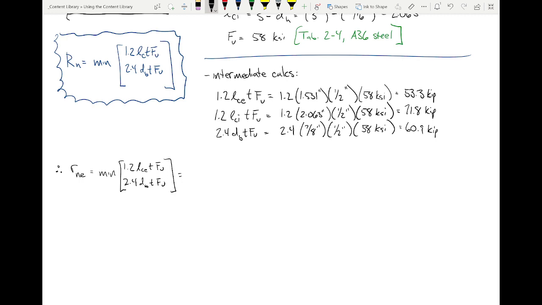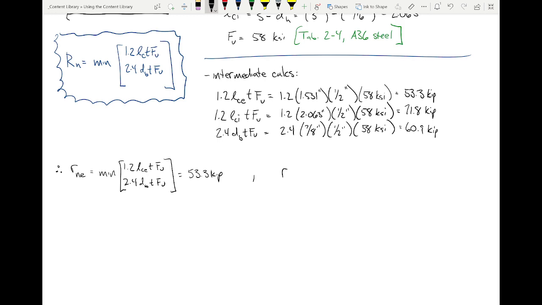So an edge bolt is the minimum of bolt tear out or bolt hole ovalization. And so which is that? 53.3. So we already did the math. We don't need to do it again. I like to do this because it's the minimum amount of button crunching you have to do in the calculator.